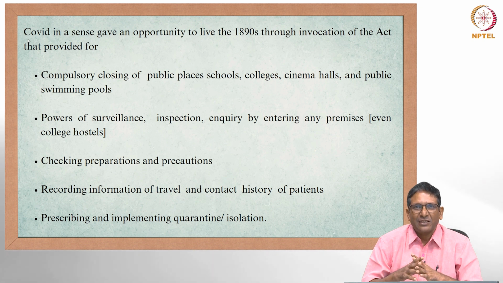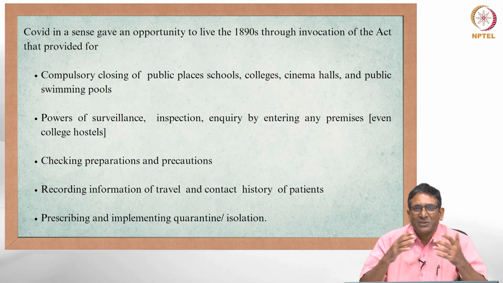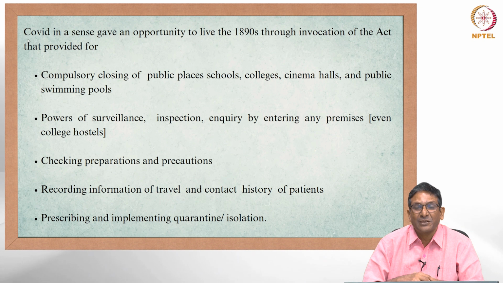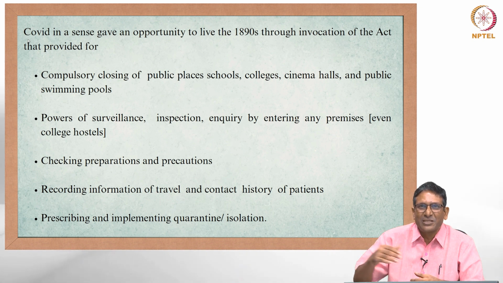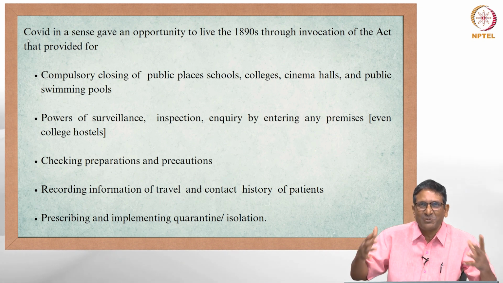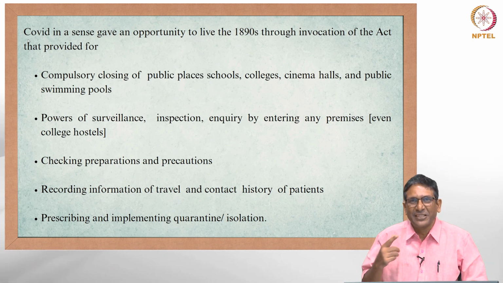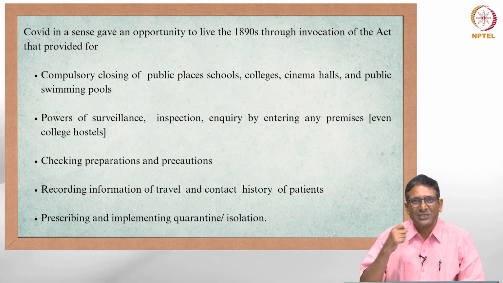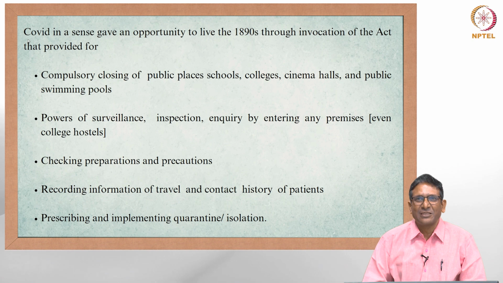There was a time when there was not a total lockdown, so institutions were allowed to function either in the early stages of the pandemic or when lockdown was relaxed. But still, government servants, IAS officers could come to the hostel, come to the institute, ask the director to be taken to particular hostels, knock on the rooms, and talk to students. How is your mess being organized?